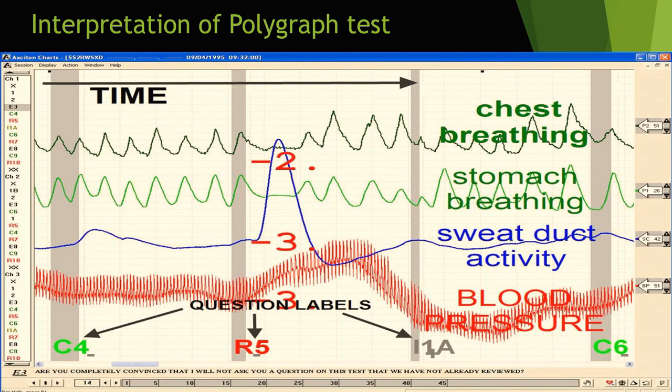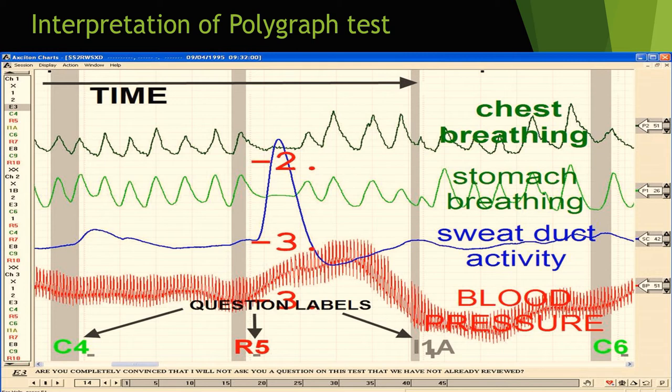Now, the interpretation of the polygraph test. These four graphs show the psychomotor interactions of an individual, such as their chest breathing, stomach breathing, sweat conductivity, and blood pressure.